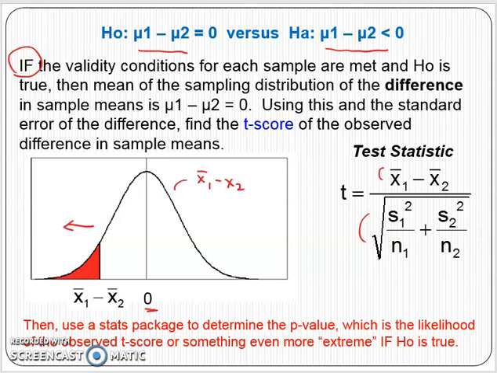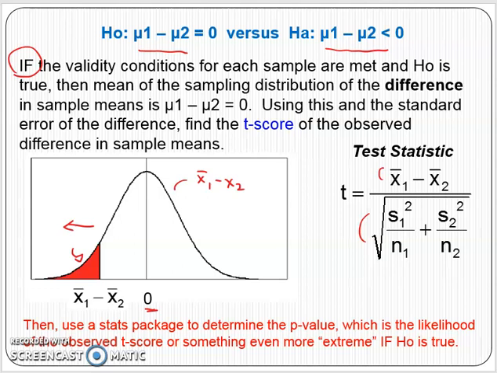Using a statistics package, which is what we're going to be doing with the independent samples test, we want to determine this p-value, which is this value right here. The p-value is the probability of obtaining the observed test statistic or t-score, or something even more extreme, farther from the mean, if the null is true.